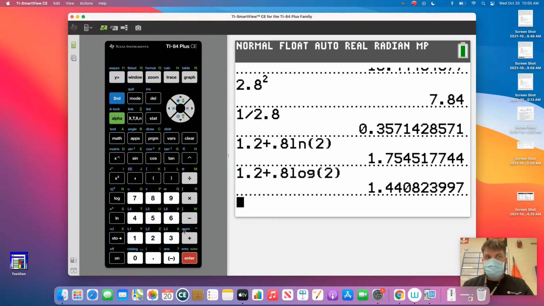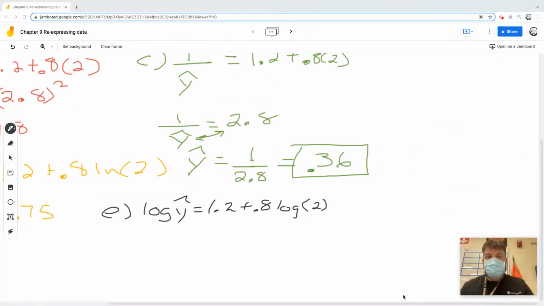Okay. So what does that have to do with base 10? Well, let me show you. Let me rewrite this. This is log base 10 of y hat is equal to, what did I say, 1.44?